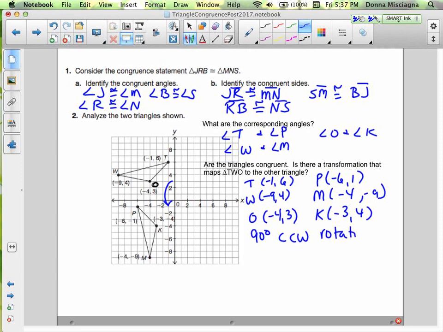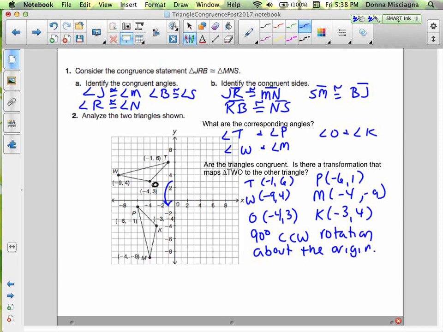And now we were asked to determine if these triangles are congruent. So let's answer that question. So 90 degrees clockwise rotation about the origin. All right, so add the following to your notes.